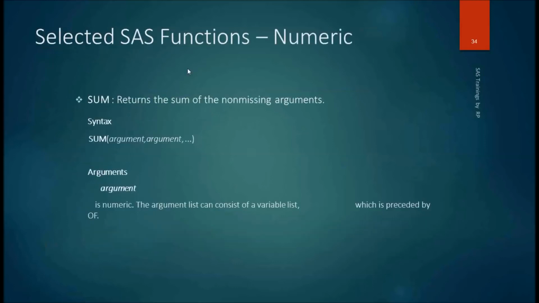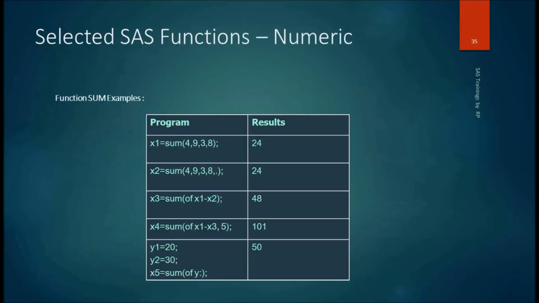For instance, I have taken a numeric function to show you one example. In the sum function, if you see the syntax here, you can pass more than one argument into the sum function, and it will create the result. Here I am using the sum function to create the x1 variable, and it has arguments 4, 9, 3, 8.